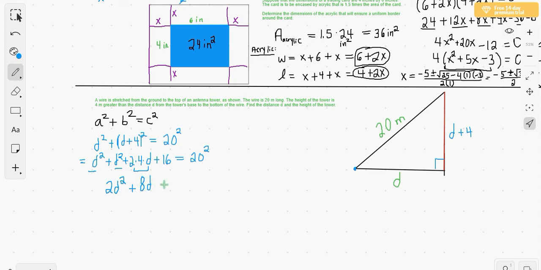And we've got plus 16, and then we can subtract 20 squared. 20 squared is 400, so really we've got 2d squared plus 8d, and then it's 16 minus 400, so it's going to be negative 384, I believe.